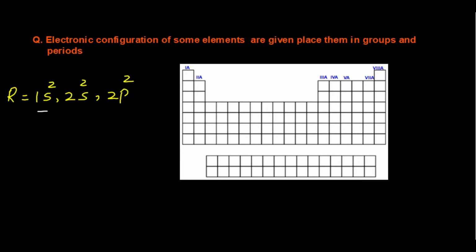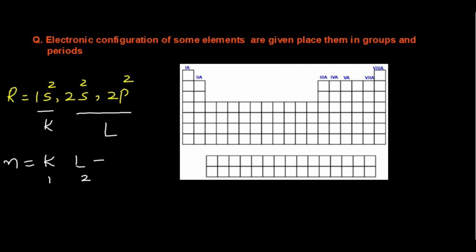1s is the subshell of K shell. It belongs to K. 2s and 2p, these are the subshells of the second shell or second energy level, that is L. Now we will write the n value. We know n value for K shell is 1 and for L shell is 2.